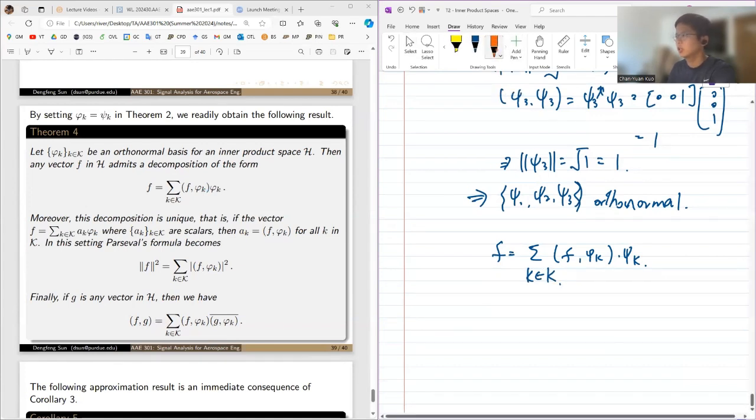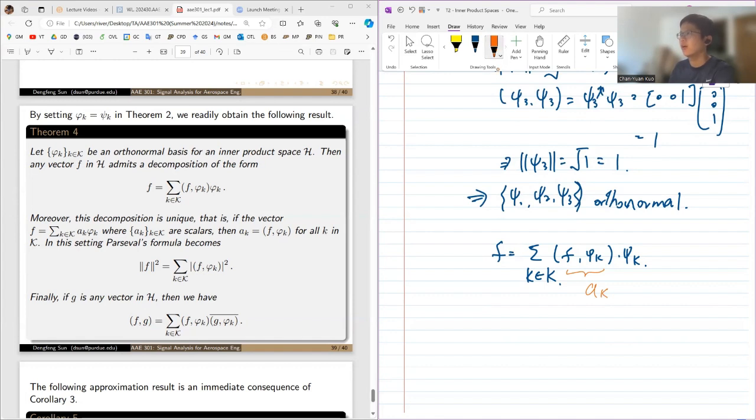This is actually just the ak that we have just seen, basically the kth coordinate of f in this orthonormal basis. Let's compare the difference.